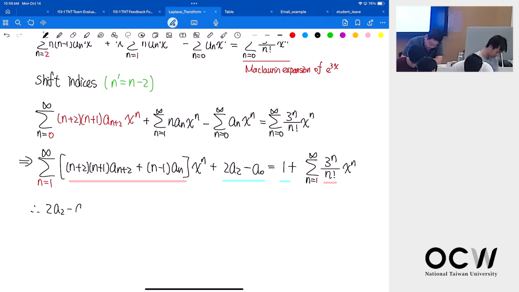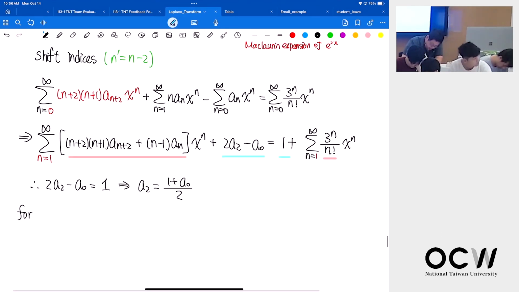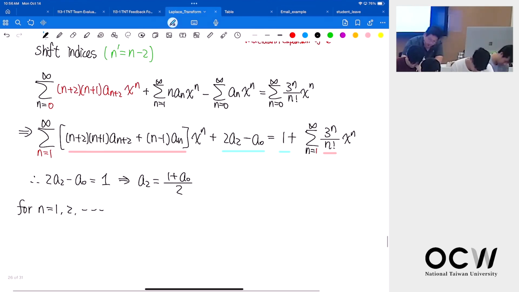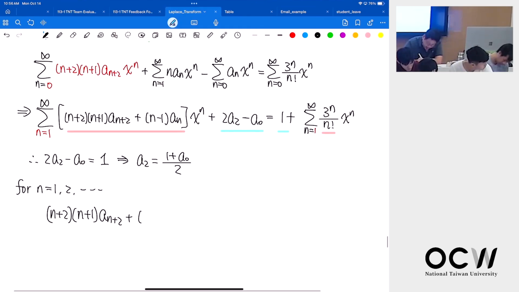So 2a2 minus a naught is 1. Now I get a2. It's 1 plus a naught divided by 2. And when n is greater than 0, that means for n equals 1, 2 to infinity, we have this recursive term: n plus 2 times n plus 1 times a_(n plus 2), and then add n minus 1 times a_n.